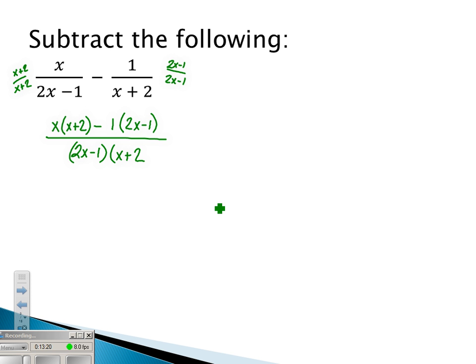Okay, so now we begin to simplify some stuff. So simplifying that first part up there, we have x squared plus 2x. We have negative 1 times 2x, and negative 1 times negative 1. And then, oops, we still have the bottom.